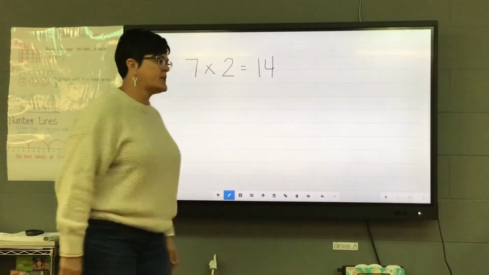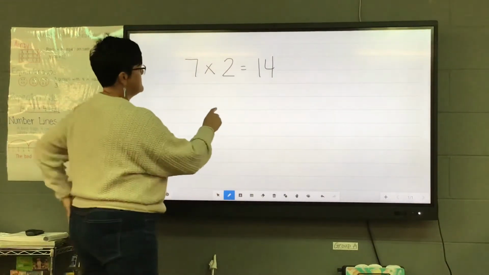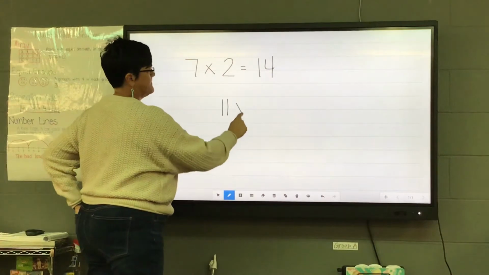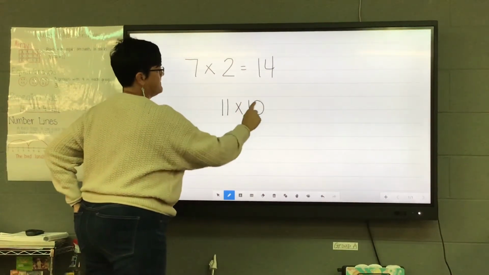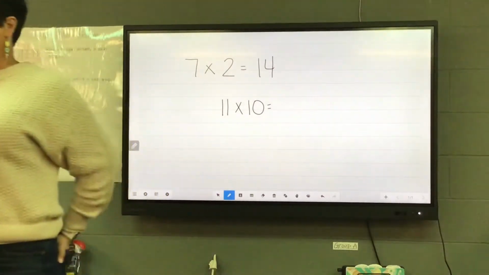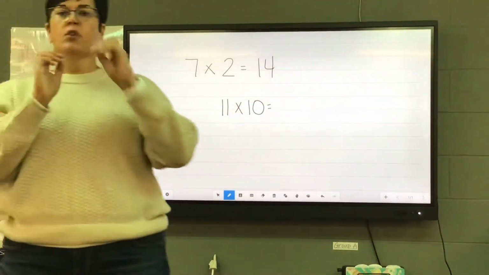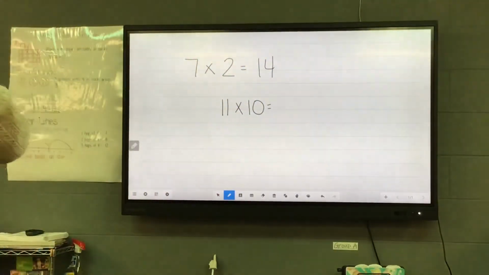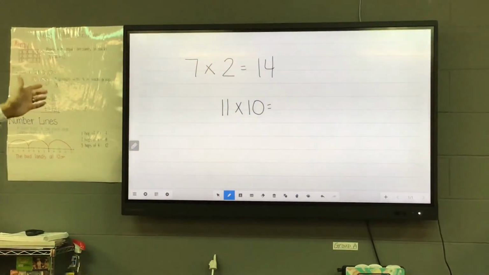Okay, let's try this one. 11 times 10. So that means 11 groups of 10. Wait, so which one am I supposed to? Let's just switch it. So you're partway there already. Okay.